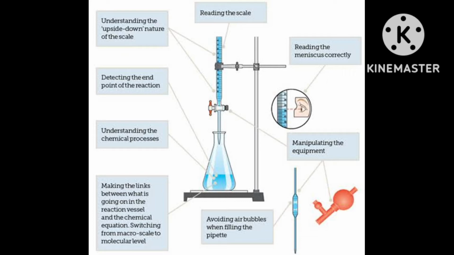Cupric ion and iodide ion both react, and form iodine. This iodine will react with starch. Starch is added, I told you, near the end point, and the blue color of iodine will disappear. That is the end point.